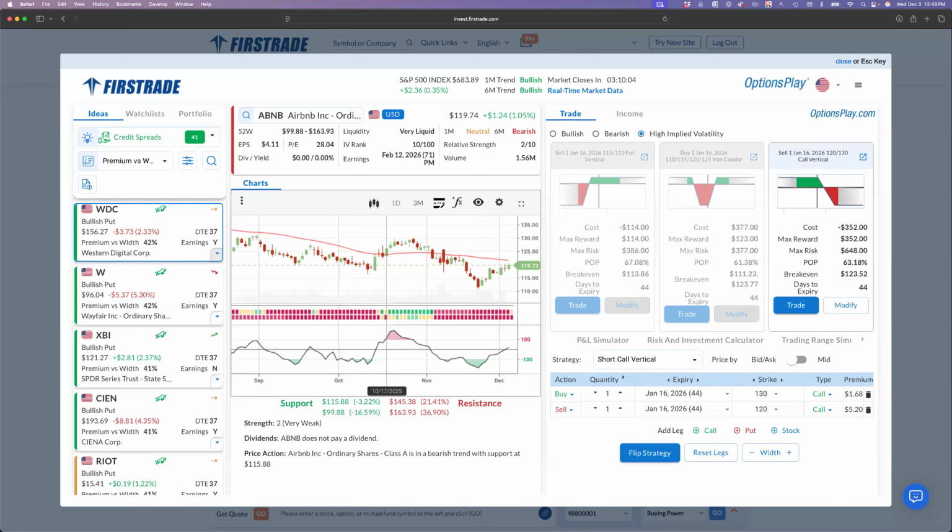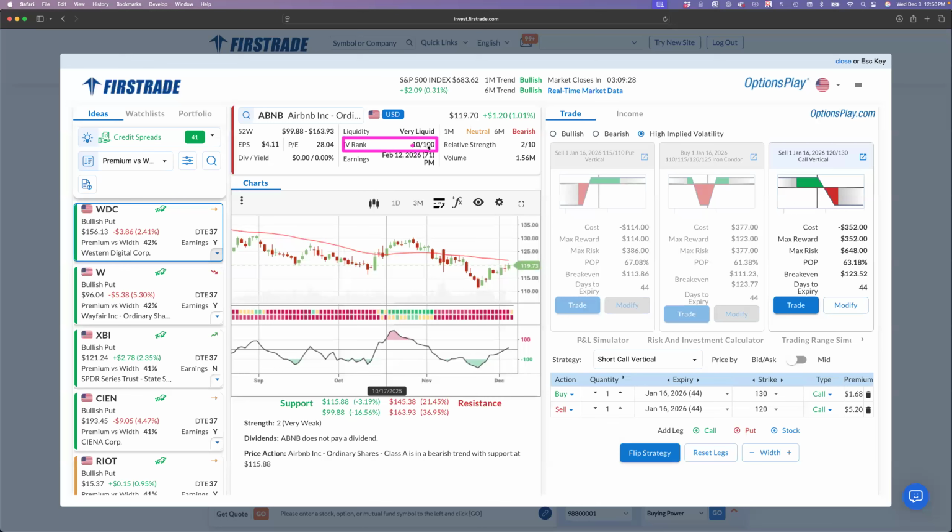What is meant by high implied volatility? We look at IV rank. IV rank is a good indicator of whether the options are relatively cheap or expensive. An IV rank of 10 means that the options are relatively inexpensive relative to the highs of the previous 52 weeks.